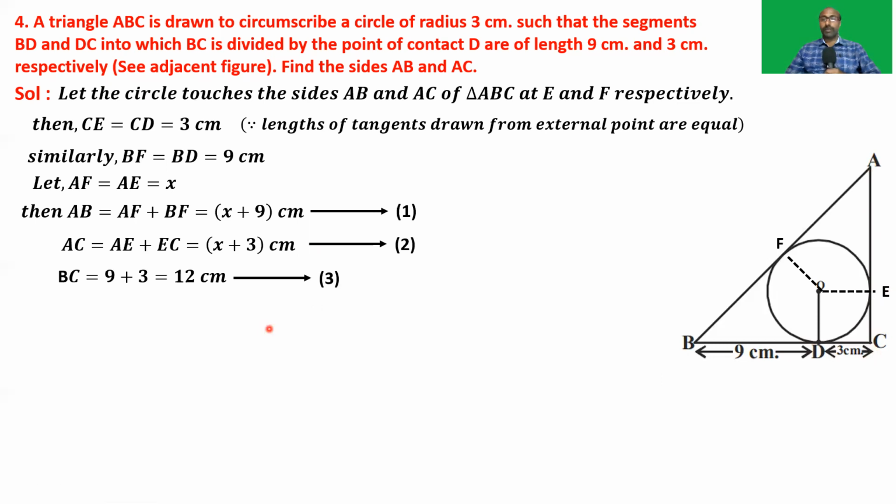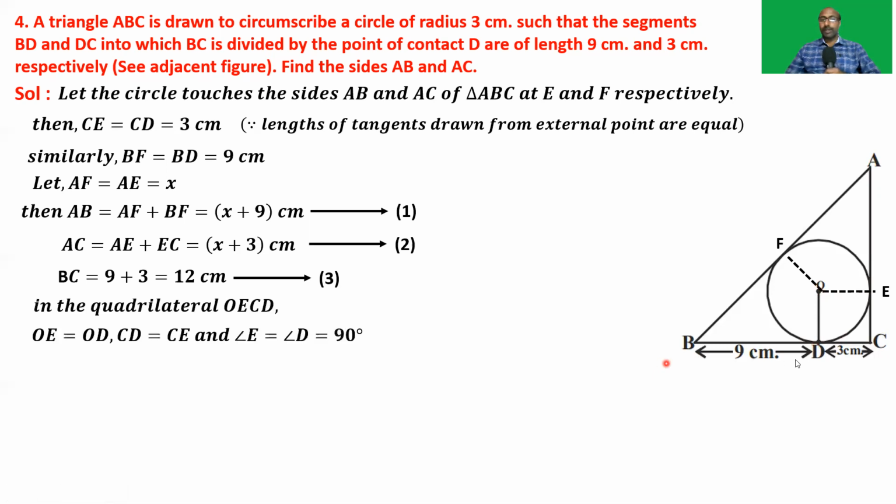Now, by observing this quadrilateral OECD, OE is equal to OD because OE and OD are the radii of the same circle. As well as CD is equal to CE because the lengths of tangents drawn from an external point are equal.